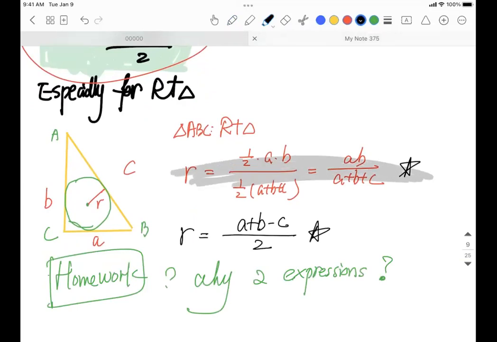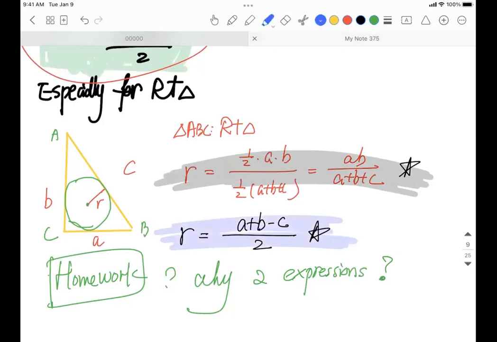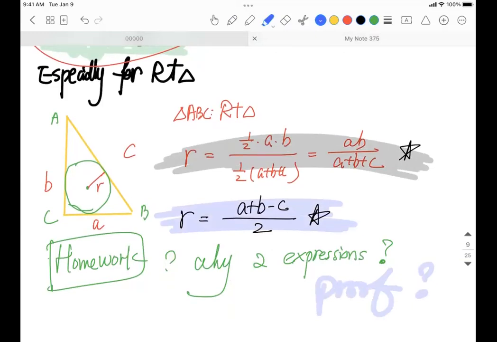But for the right triangle, why do you have another expression, and how can you prove it? From the first one, how can you prove the second? This is more like an assignment for you. You can think about it.